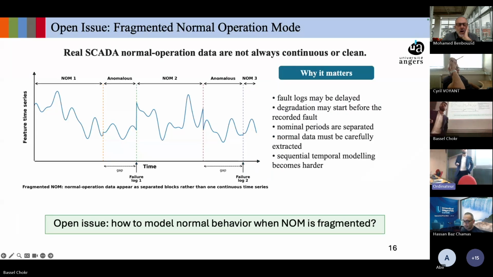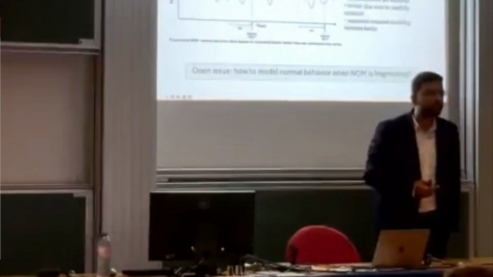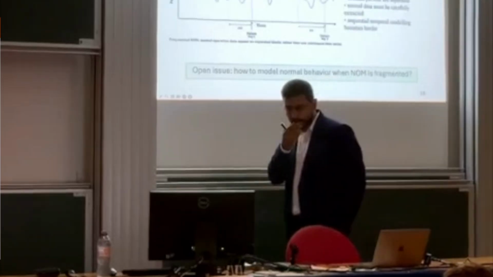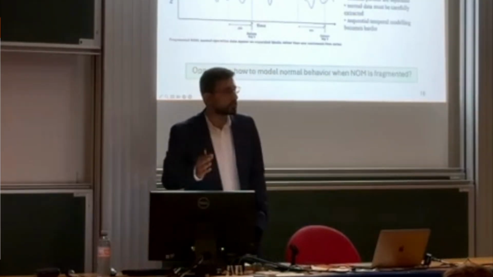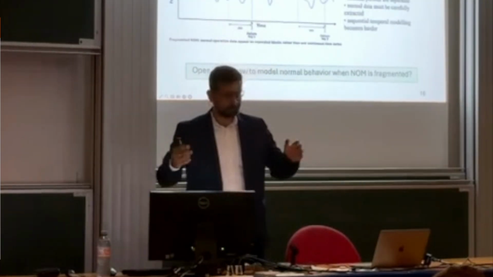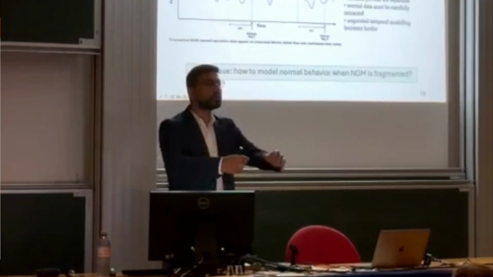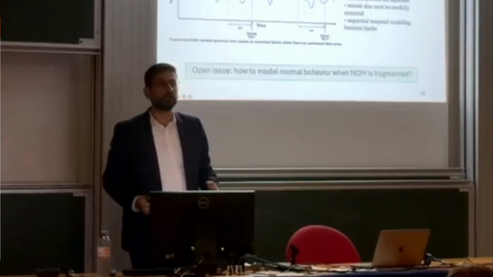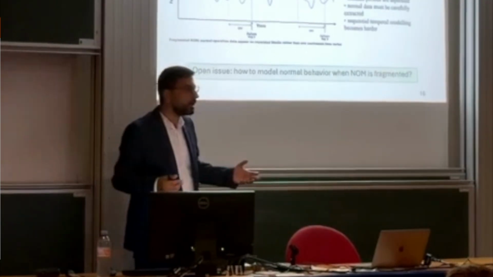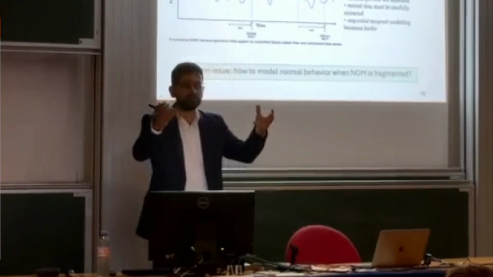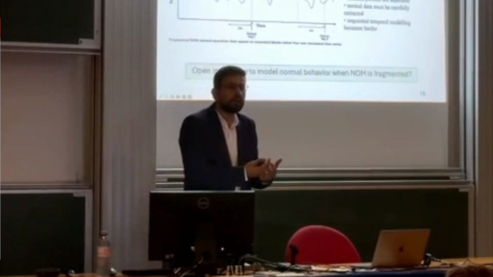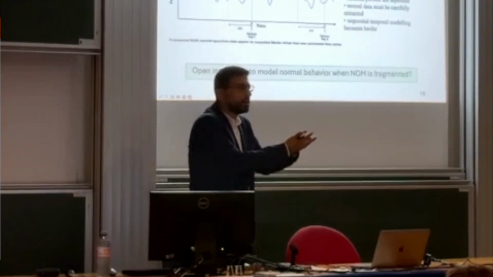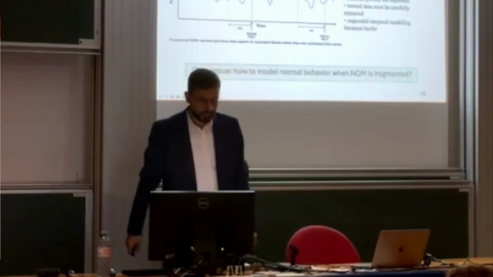But here, an issue arises. For example, if you are monitoring a system for 1 year, during this 1 year, we will face faults. It's possible. But then we have to train on the normal operation mode of this sequence. And we want to use as much as possible from the normal operation mode in order to train the model as much as possible on a given class, which is the main class.